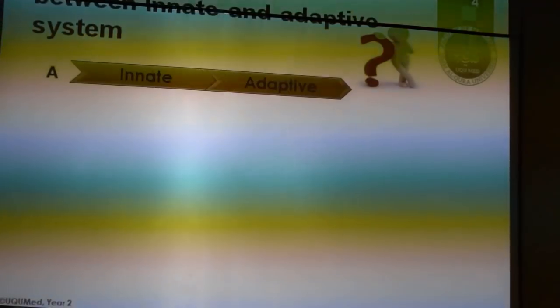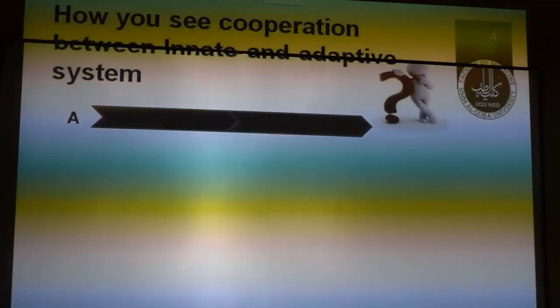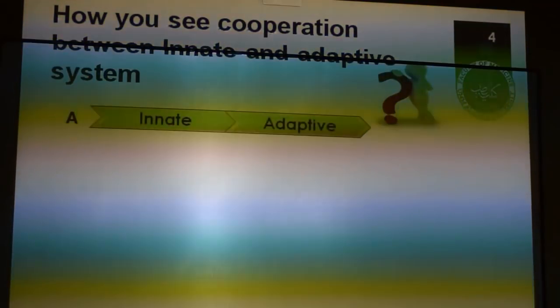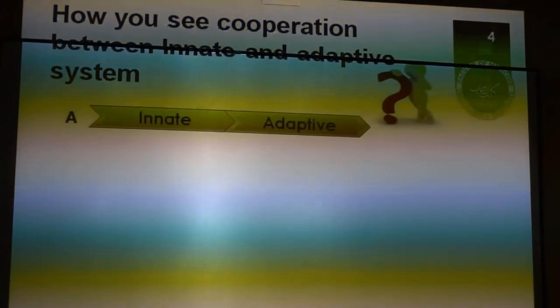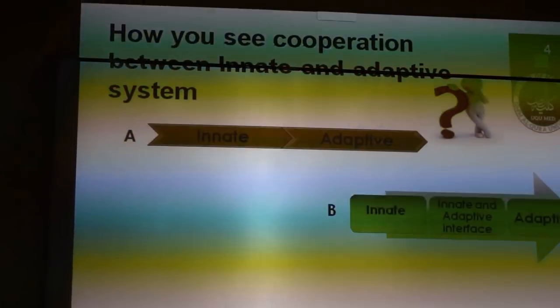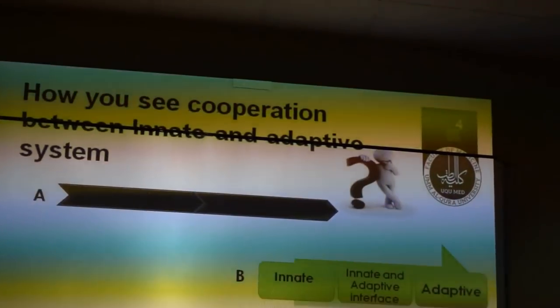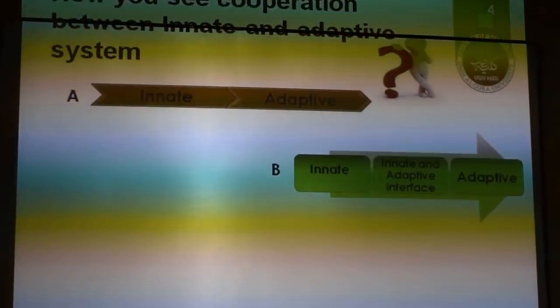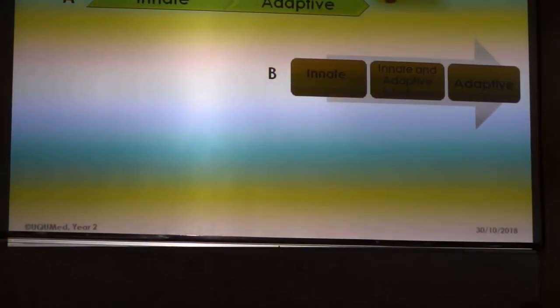A: the innate immune system begins attacking the pathogens, and once the innate immune system is finished, the adaptive immune system takes over. Scheme B is that the innate immune system starts the response, then the innate-adaptive interface comes in, and finally the adaptive immune system eliminates the pathogen.